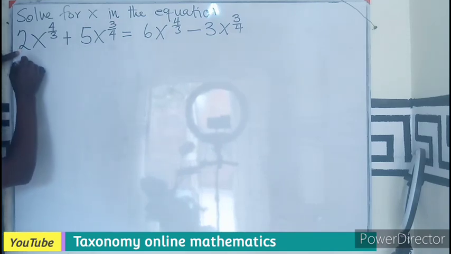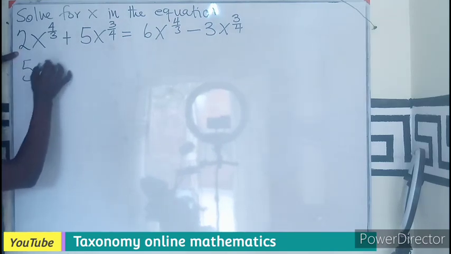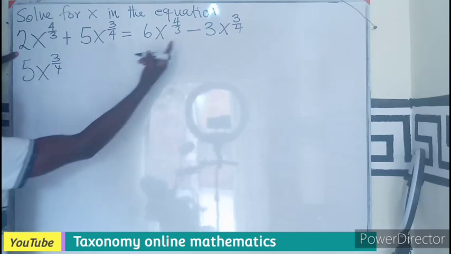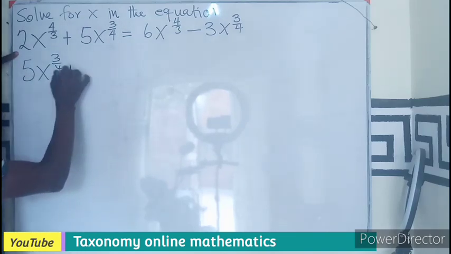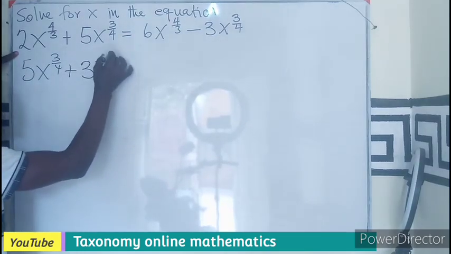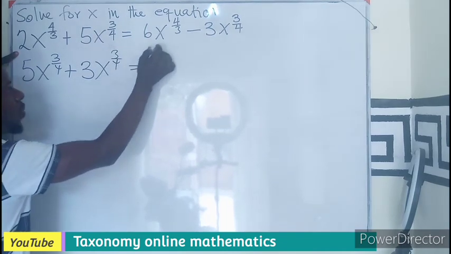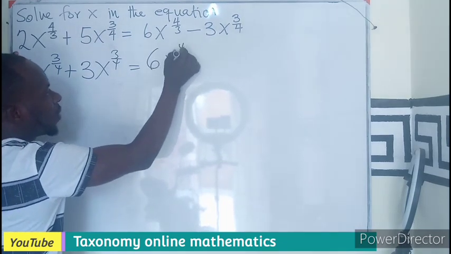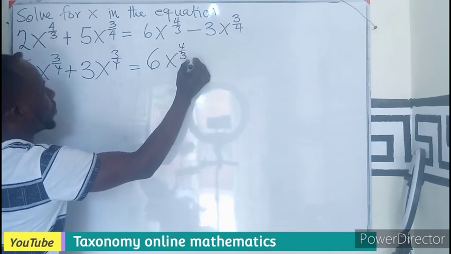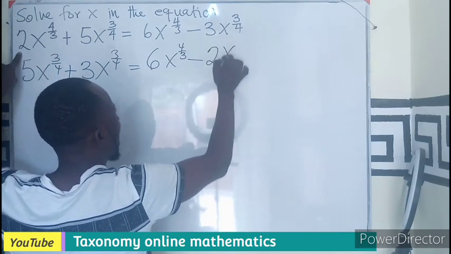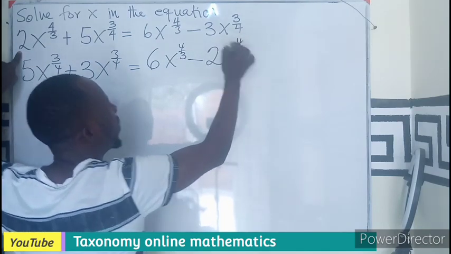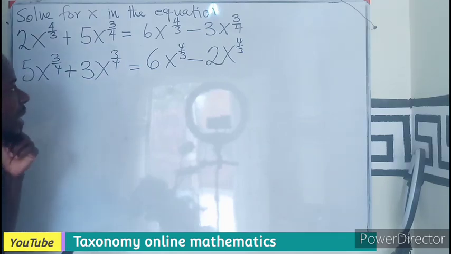So I'll be having 5x to the power 3 over 4, adding this to both sides, giving plus 3x to the power 3 over 4 equal to 6x to the power 4 over 3 minus 2x to the power 4 over 3. So these become like terms.